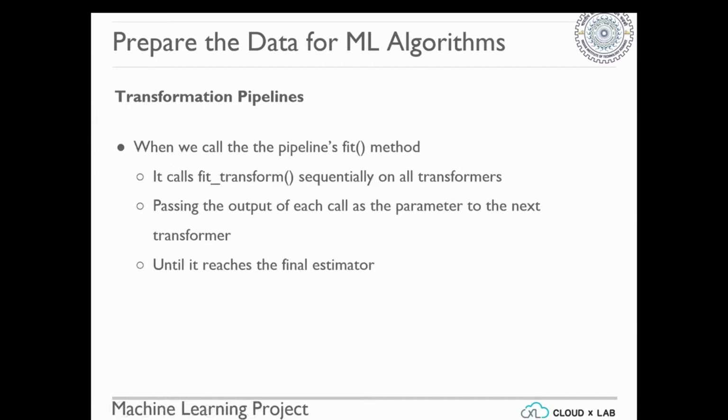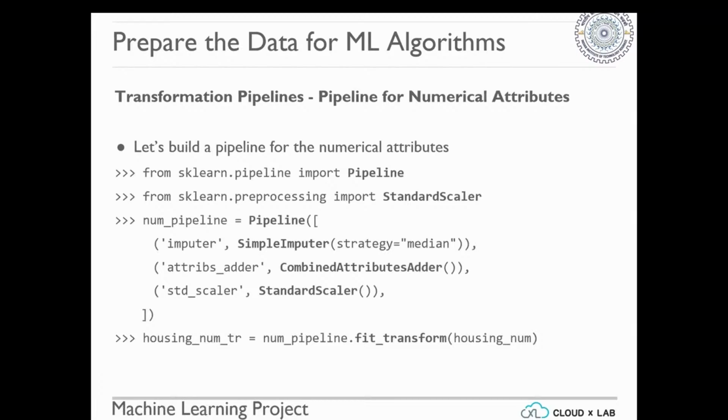So when we use the fit_transform function, it will apply fit_transform to each and every step that we have defined here, right? It will first apply fit_transform to the SimpleImputer class. Then it will apply fit_transform to the CombinedAttributesAdder class.